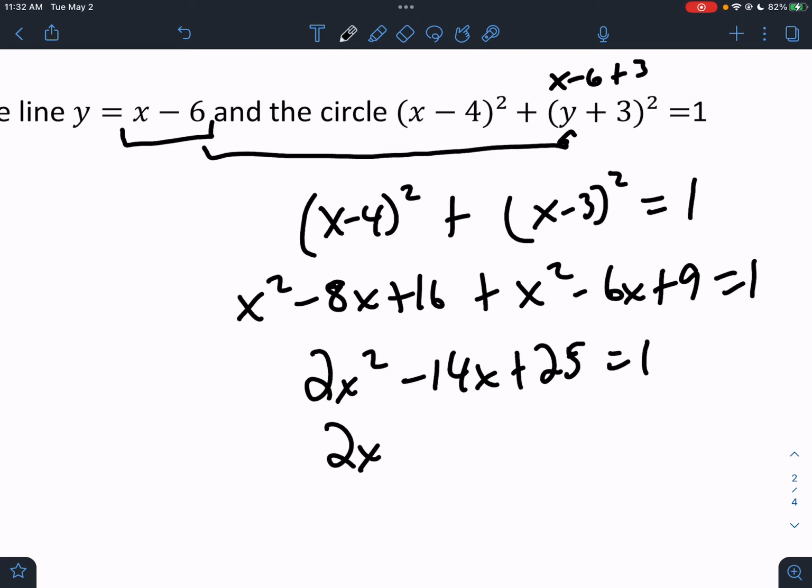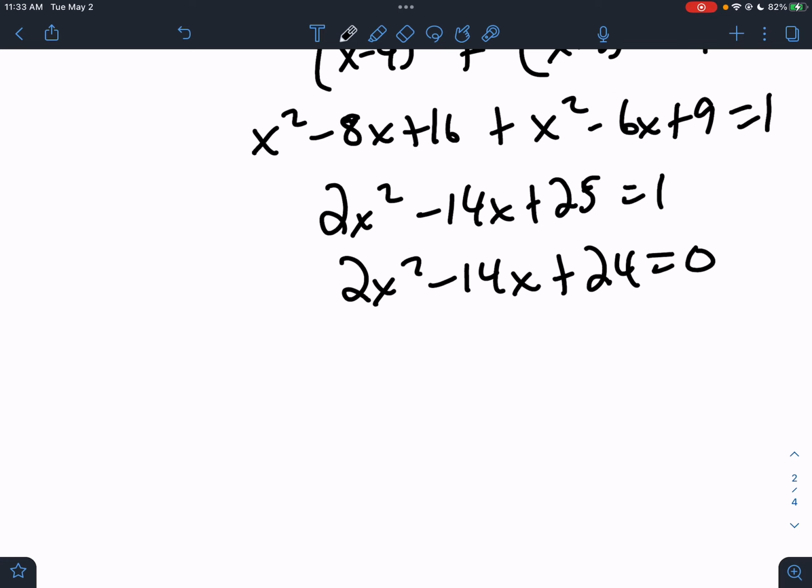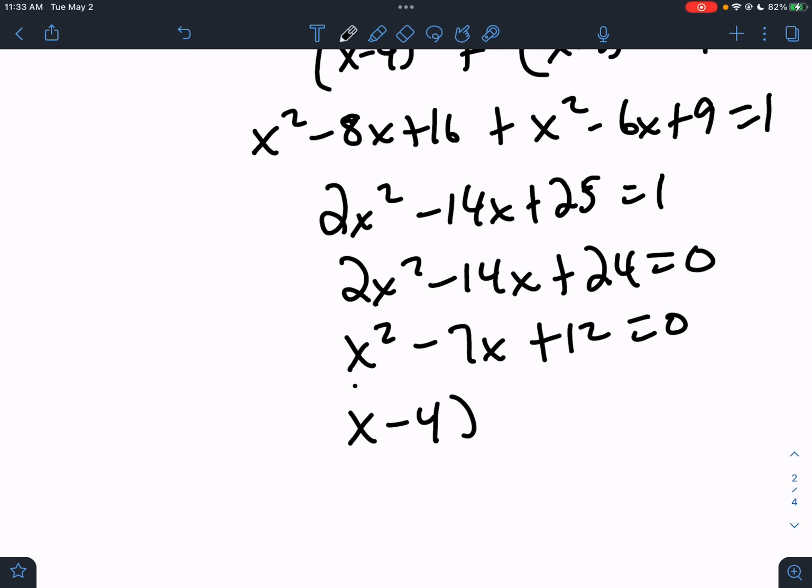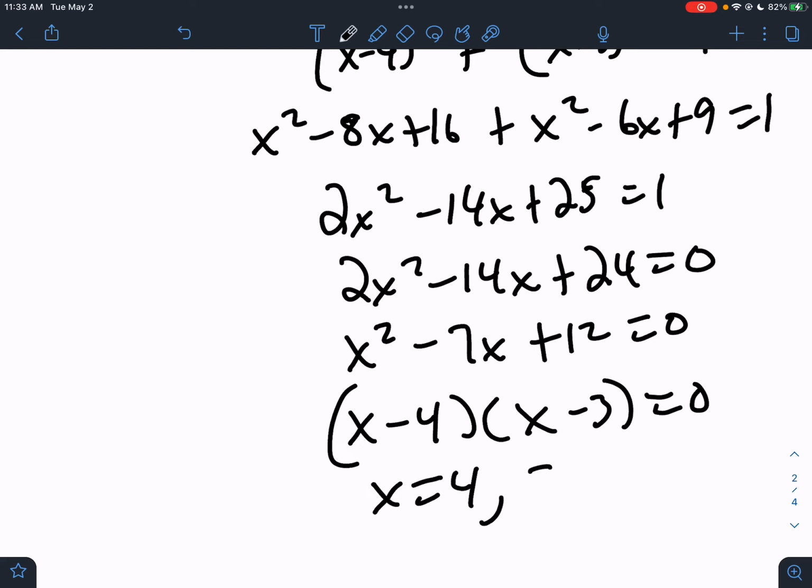Make it equal to 0. 2x squared minus 14x plus 24 equals 0. We better have a GCF, and we do. Divide everything by 2. X squared minus 7x plus 12 equals 0. And we factor. That's going to be 4 and 3, x minus 4, x minus 3. So x equals 4 and 3.